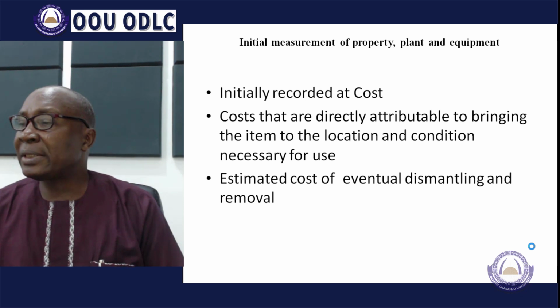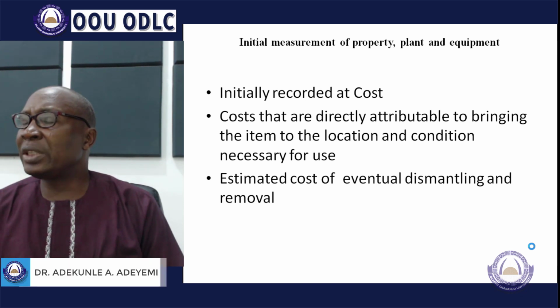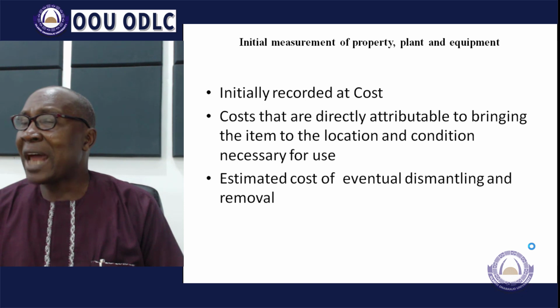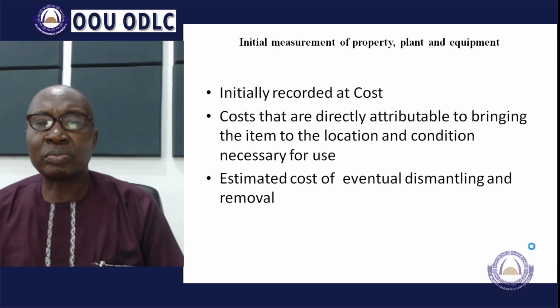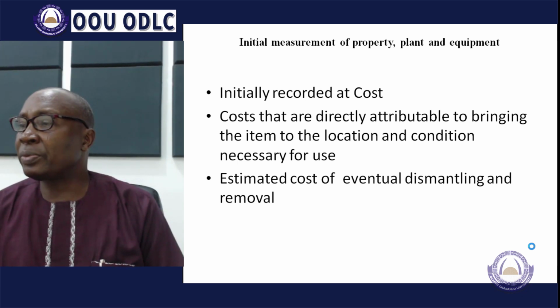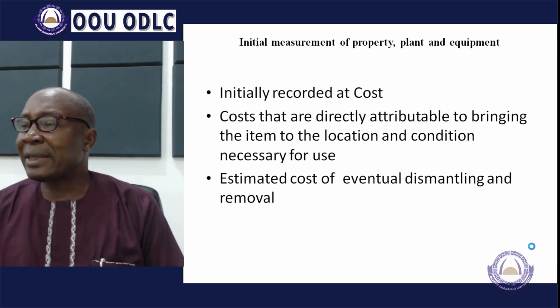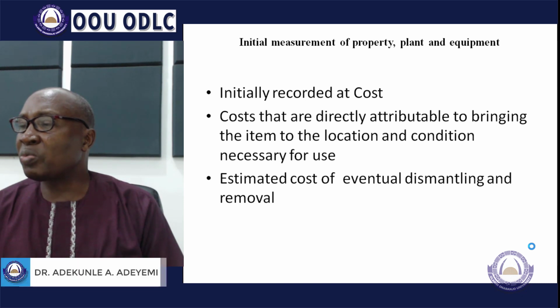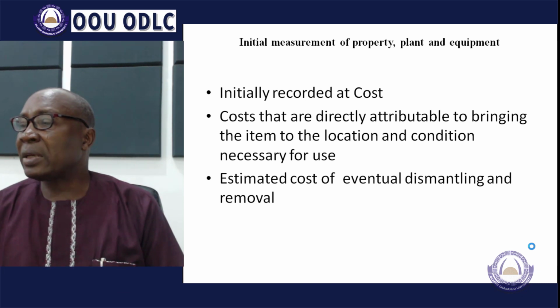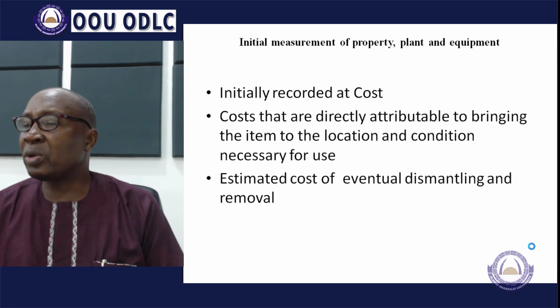It should be noted that these routine expenditures are not capital in nature. These include regular servicing, repair and maintenance costs, which usually consist of labor costs and the cost of small parts, and are incurred and accounted for as an expense in the period to which they relate.